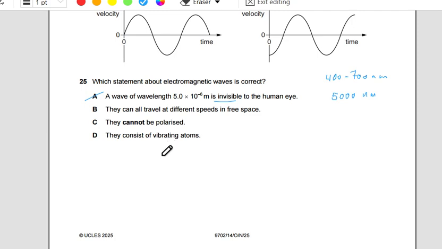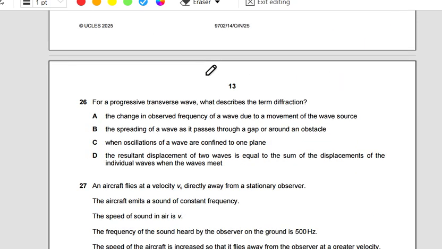We went through all these examples of EM waves that are polarized, and it does not consist of vibrating atoms. Vibrating atoms cause the wave, but the wave is mainly energy and propagates in space.